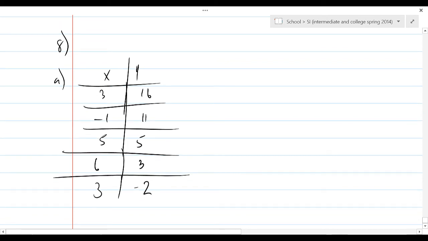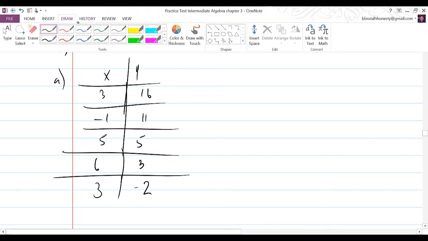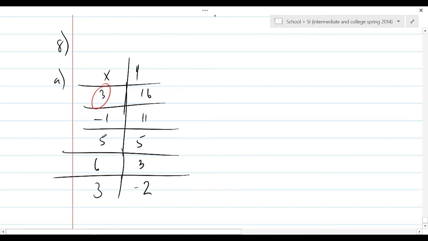The first thing we have to do is determine whether or not they're a function. You can do that by remembering that what makes a relation a function is if there's no repeating x values. I think I see some repeating x values right here and here. So, not a function. Easy enough.